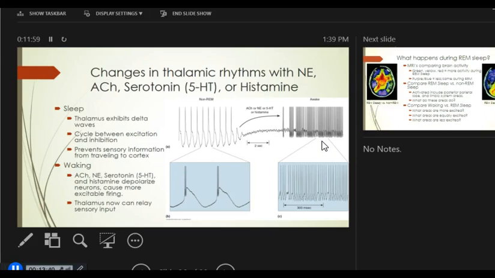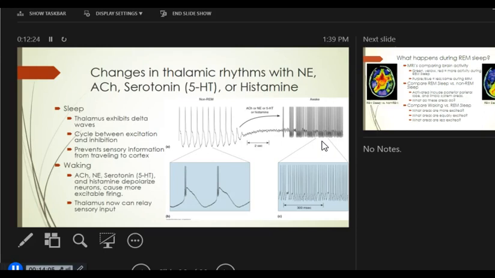So when you are asleep, you have information coming into the thalamus from your sensory systems, but the thalamus is ignoring that and just doing these up and down undulations. It's not paying attention to the sensory information coming in, so it's not going to relay it up to your brain while you're asleep.